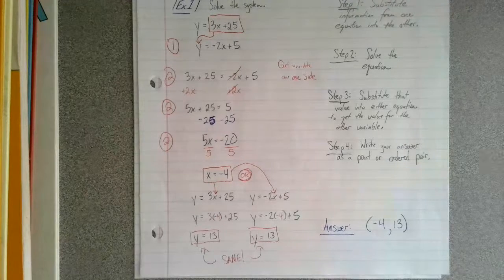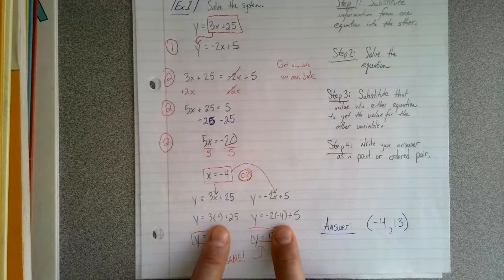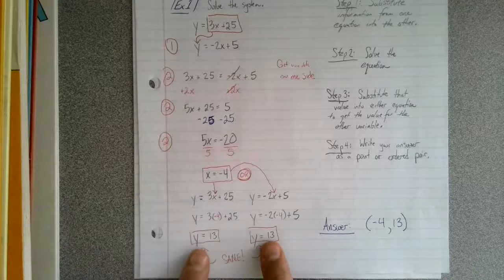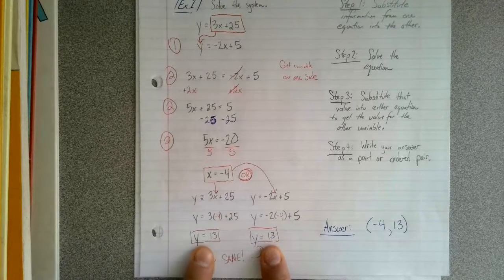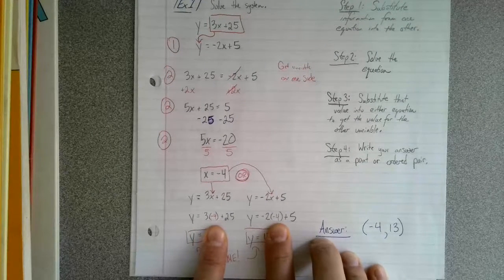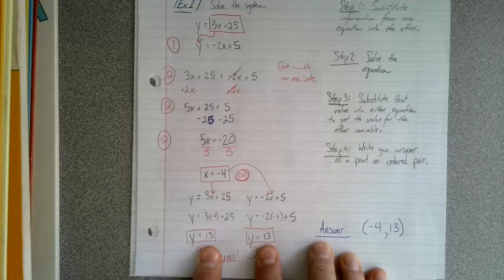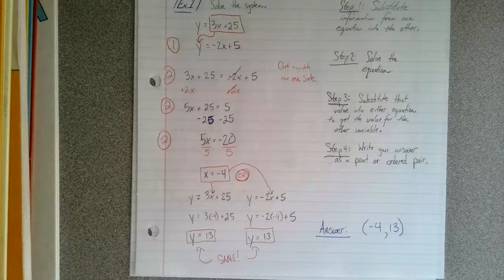And secondly, this shows what it means to solve a system of equations. What we're figuring out is what value of one of the variables produces the same value in each equation for the other variable. So we found that if you plug negative 4 into both equations, they both produce the number 13. And that's what it means to solve a system of equations.